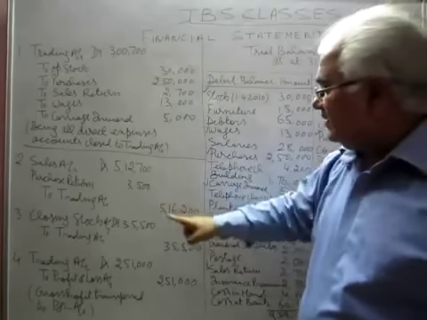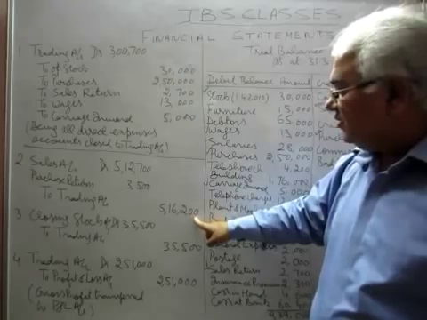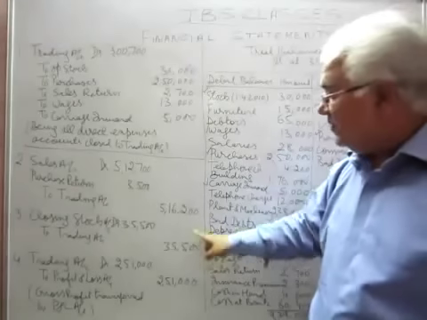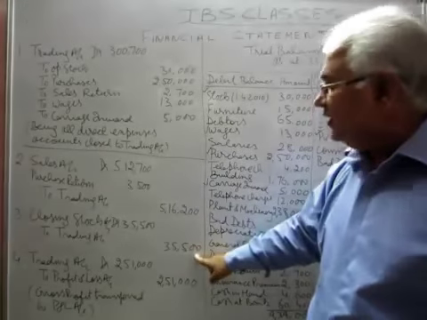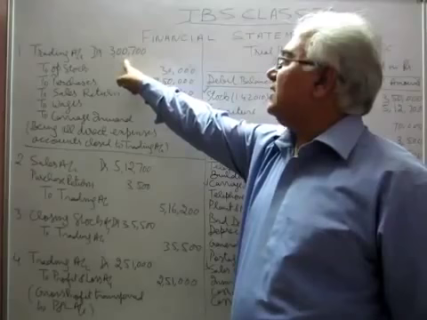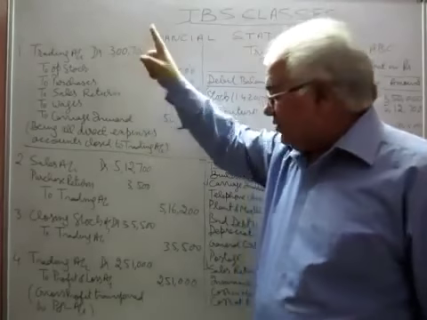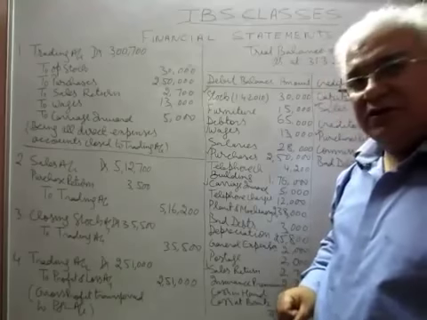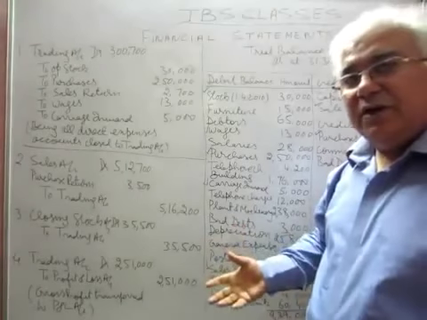The credit side of trial balance is 516,200 plus closing stock 35,500. From the sum of this figure, if you deduct debit balance of trading account, that is 3,07,000 rupees, you get a difference of 2,51,000. This being gross profit.